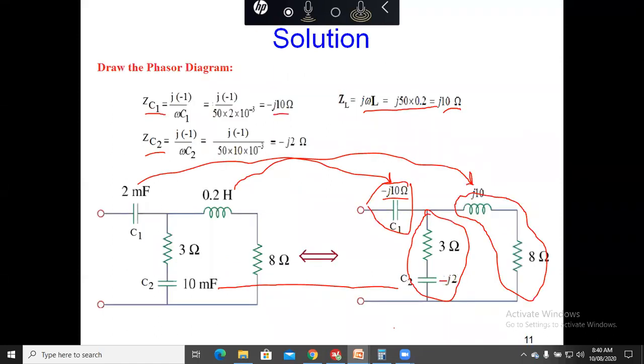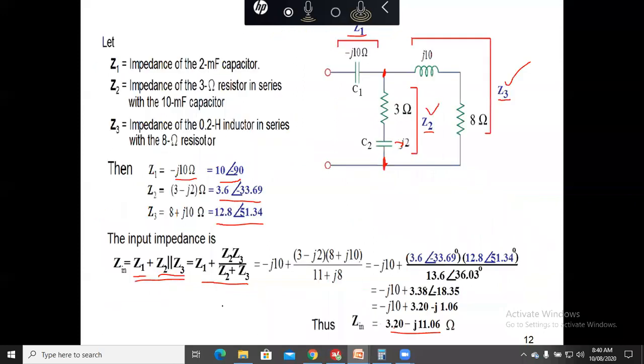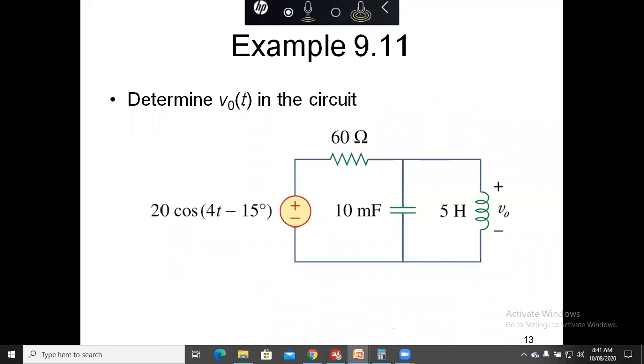And then you calculate the... So first thing is that you have to convert it into the phasor representation.